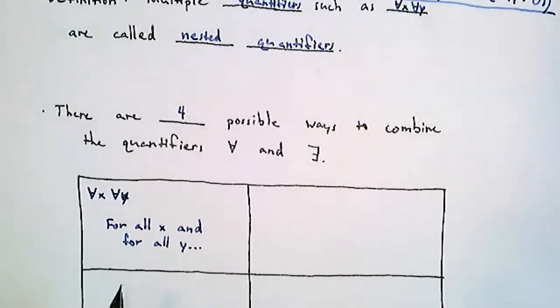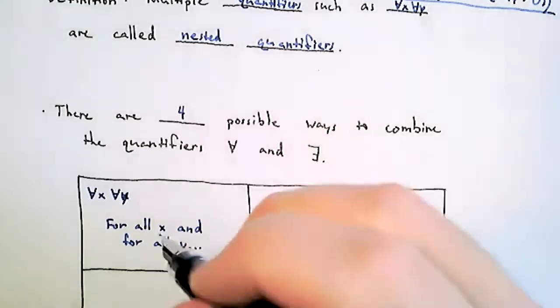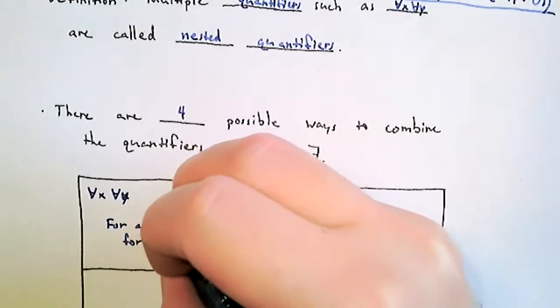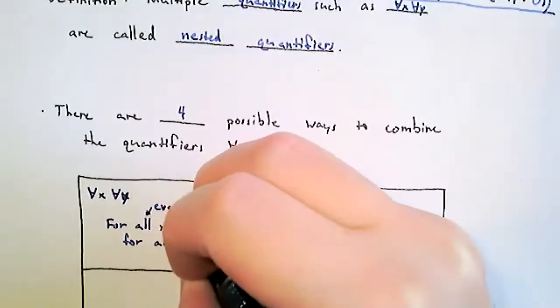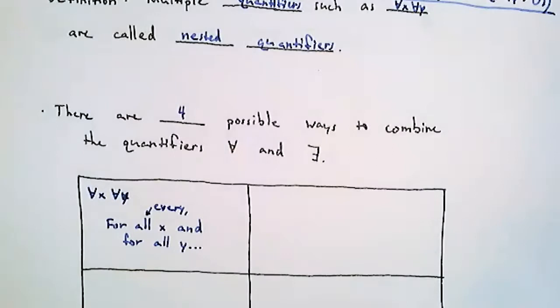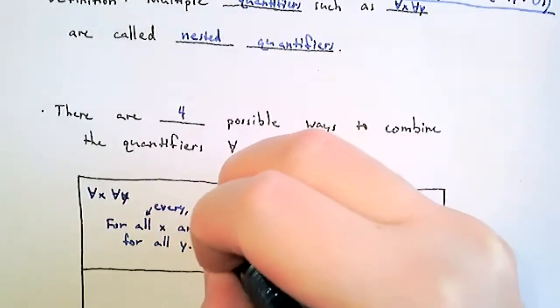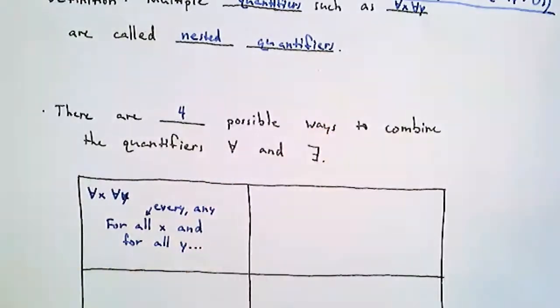And something to remember is that this word all can be changed around to other options. It could be every, you could see the word every here. Or like in the example up above, you could see the word any. So for every x and for every y, or possibly for any x and for any y.